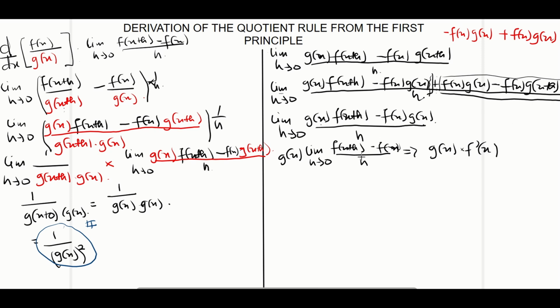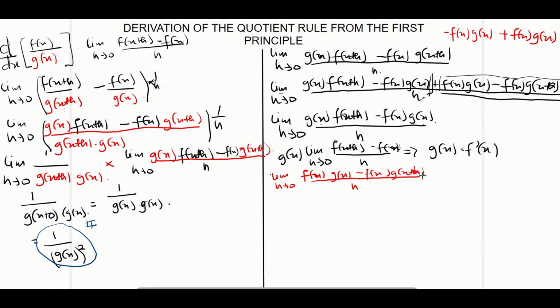The second part is going to give me the limit as h approaching 0 of my f of x g of x minus f of x g of x plus h. Remember, all is over h. So it's the whole of these that we have taken over here.